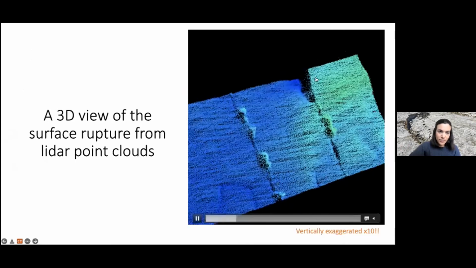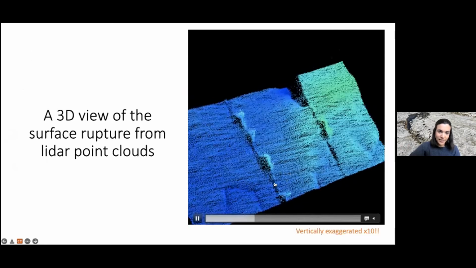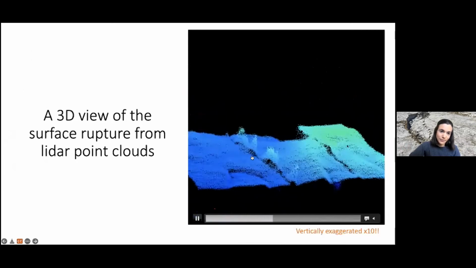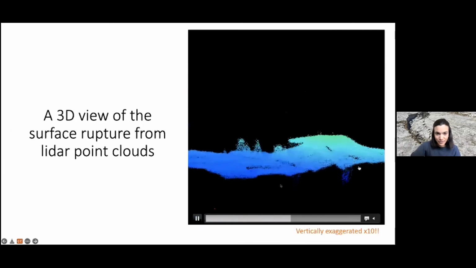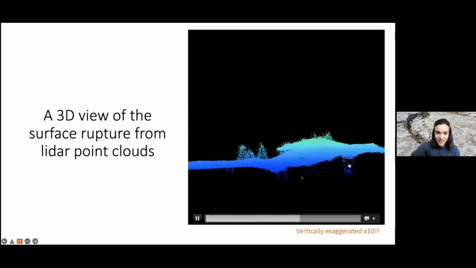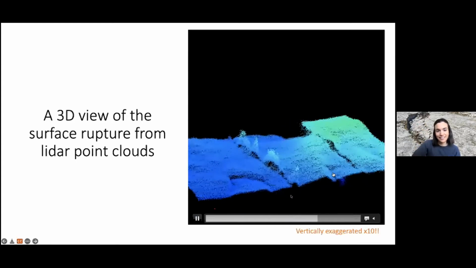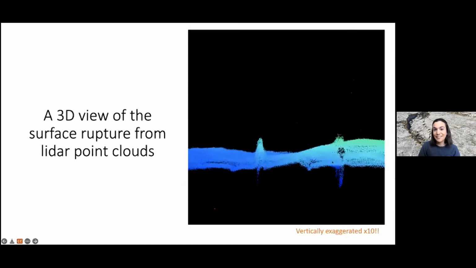There are two faults in the middle here, and you can see this alternating pattern of fracture, uplifted mole, fracture, uplifted mole. These are actually mole tracks in 3D, and it's really cool to see that the LiDAR penetrated into some of these fractures so we can actually see how they exist at depth. And I should note that this is vertically exaggerated 10 times.